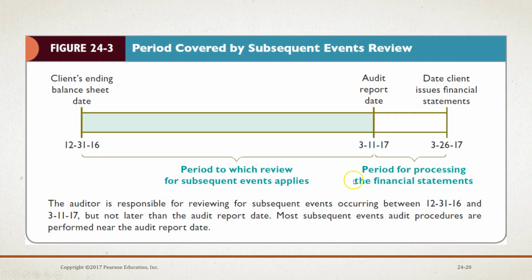So if you discovered something on March 26th, Option 1 would be to expand your audit from March 11th through the 26th, make sure there were no issues, and make your new audit report date March 26th. Option 2 would be keep the same date and just dual date it, date below, of March 26th for the one item that you found.